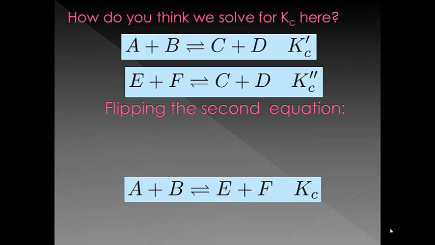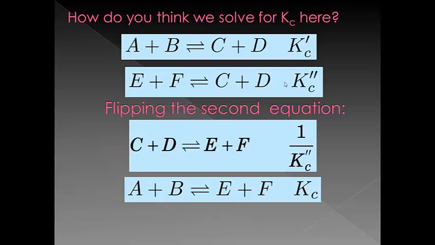Now let's look at what happens if you have two equations that could add to the desired equation, but only if you first reverse one of the equations. Now you can see here that if we reverse the second equation, we could cross off C and D to get to the desired reaction.